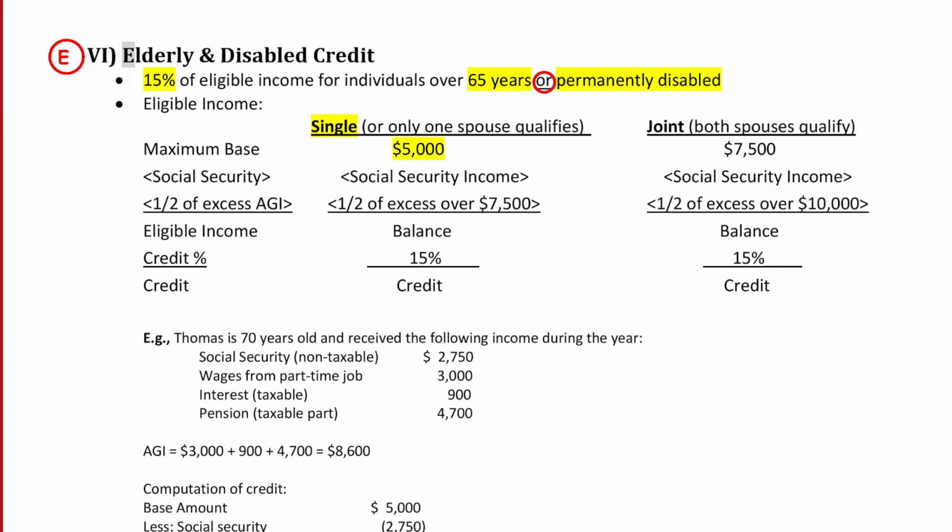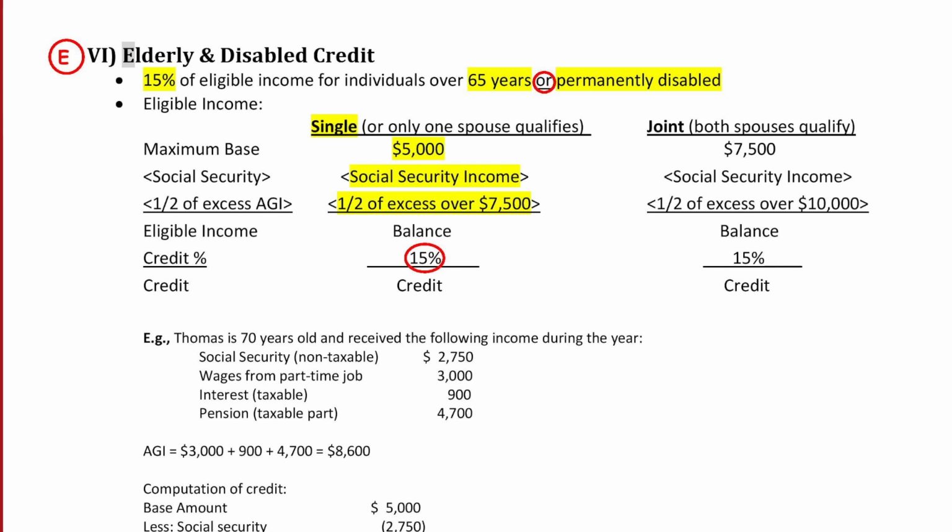From the $5,000, subtract highlight social security income. Also subtract half of excess AGI over $7,500. The balance is the eligible income. Multiply the eligible income by circle 15% to get the amount of elderly and disabled credit.